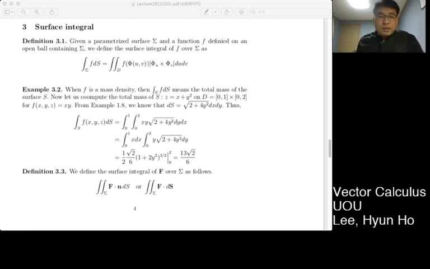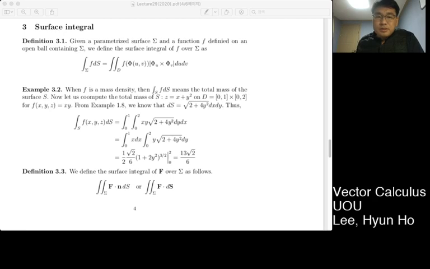Let's take example 3.2. We have the graph of the function z equals x plus y squared on the rectangular domain [0,1] times [0,2], and the function f(x, y, z) is x times y.